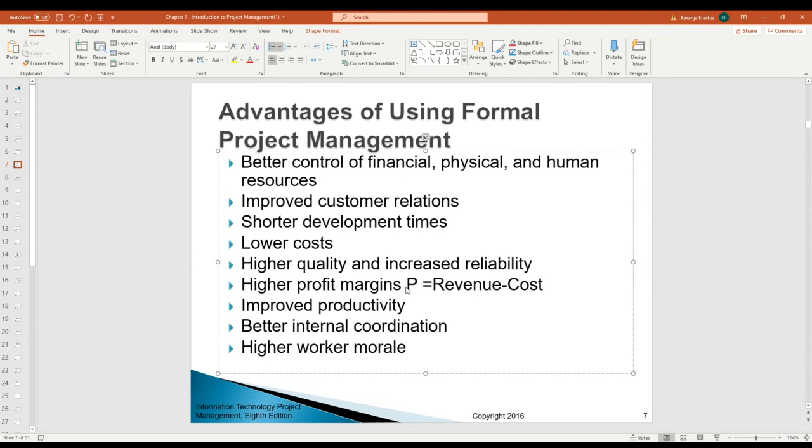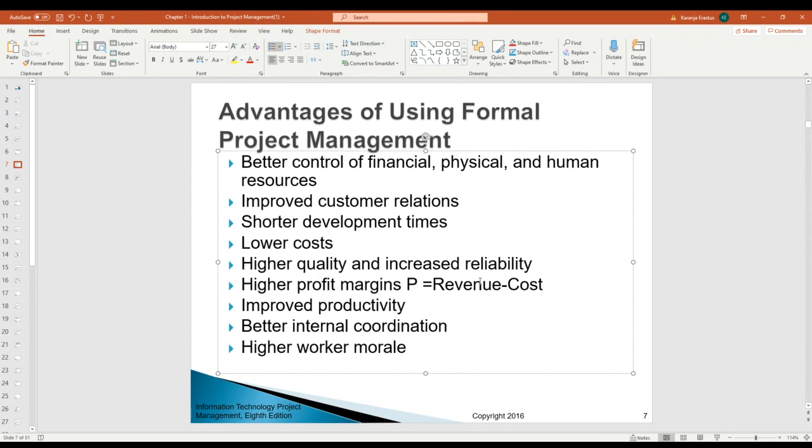Okay, so we're saying profit equals revenue minus cost. So if your cost is low, what happens to your profit? It's going to be high. If your revenue is high and the cost stays the same, what's going to happen to your profit? Make more profit. It's going to go high, correct?